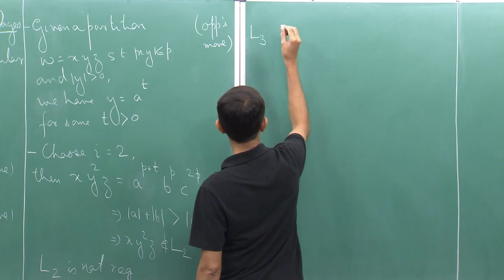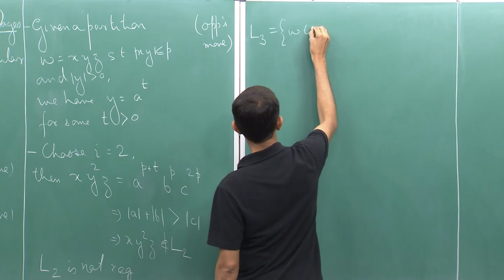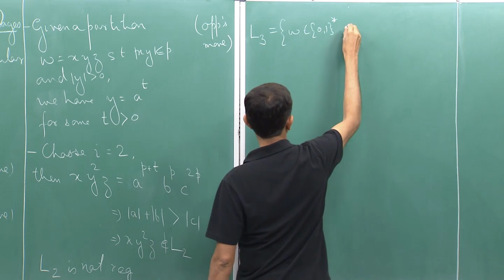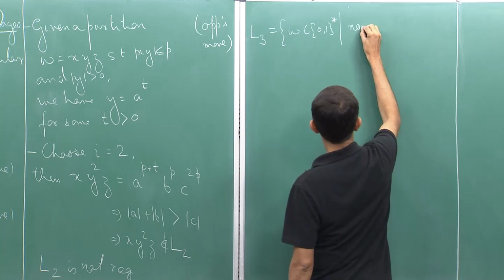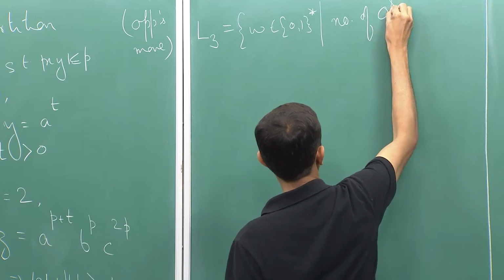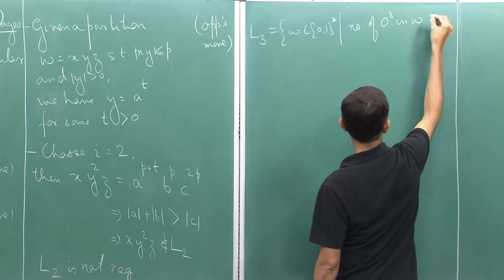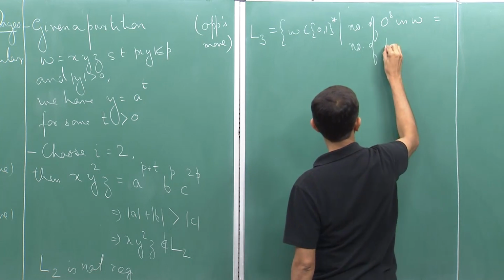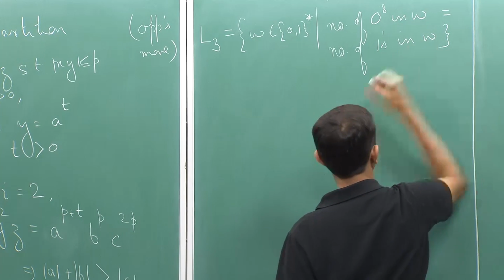Let us look at the language L3, which consists of strings in {0,1}* such that the number of zeros in w is equal to the number of ones in w.